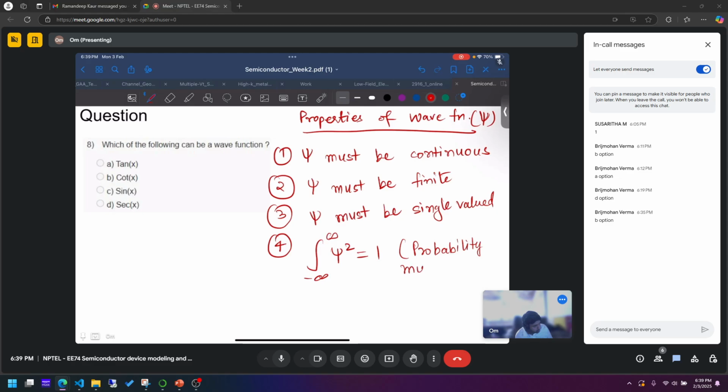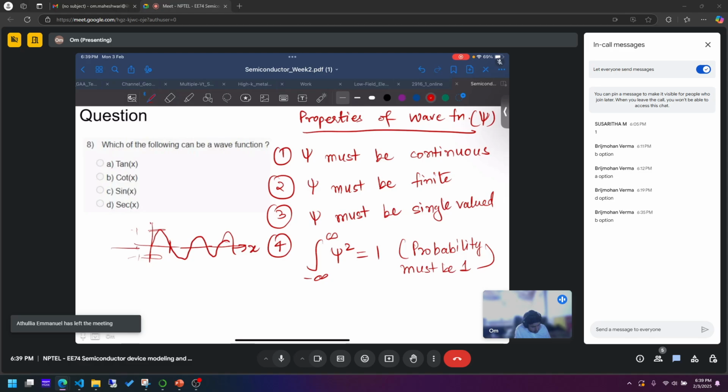Probability must be 1. Now if you look at the graph of sin x or cos x or any sinusoidal function, it is continuous. Its values are finite between 1 and minus 1. It is single valued, which means at each x it has a single y. And if we do its normalization, this is the normalization condition, it would give us 1. We'll see that one later.